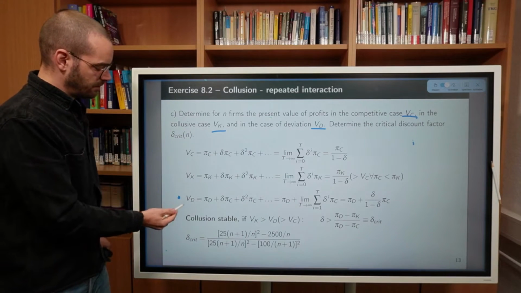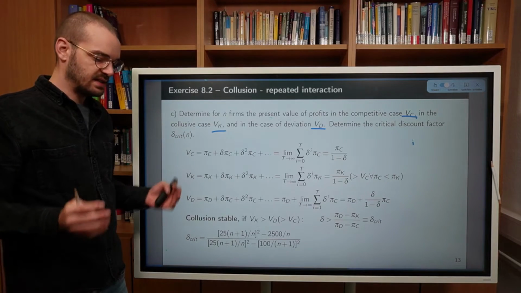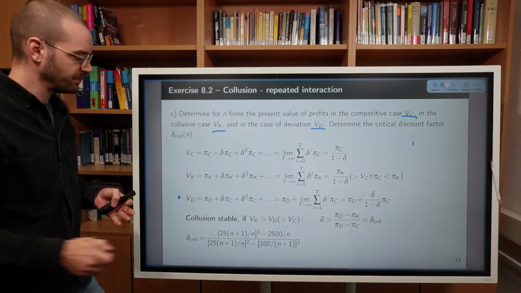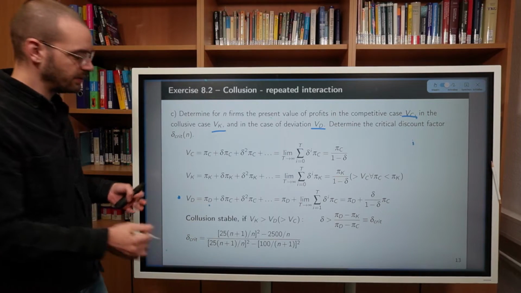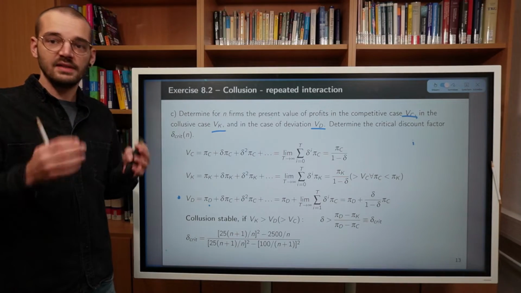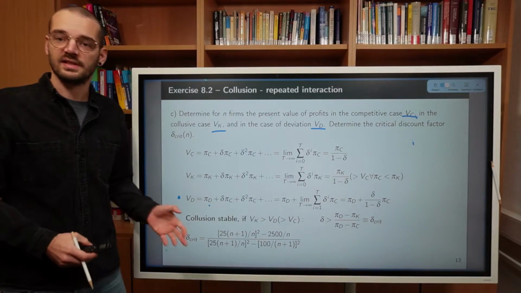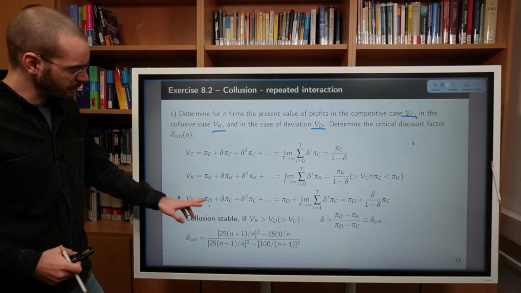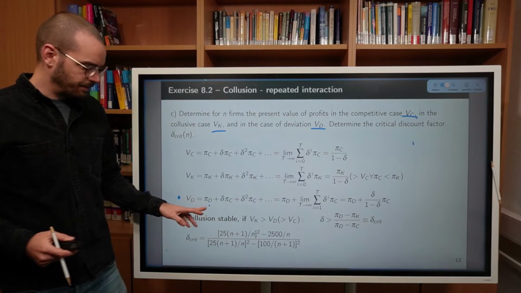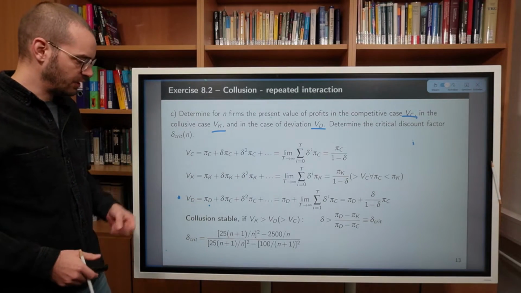By assumption, in this world where one firm deviates, the deviator deviates in the first period. So in this first initial period, deviation is happening and the firm makes the deviating profits, so pi d. We calculated it previously, if you remember.